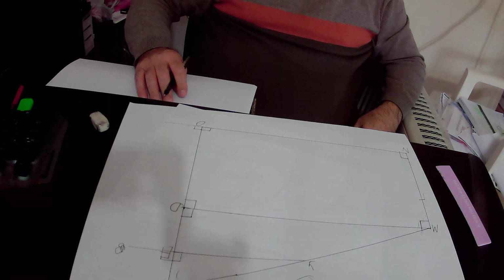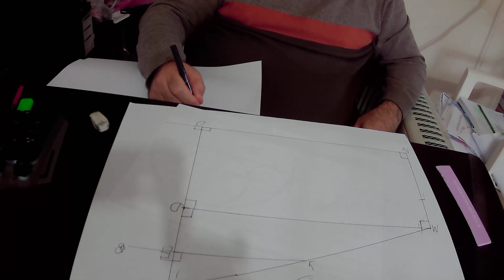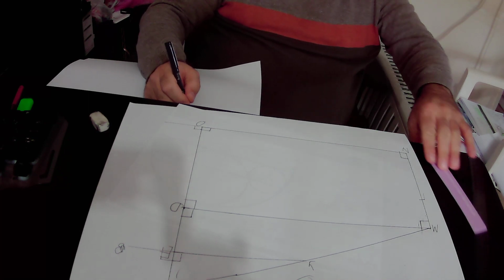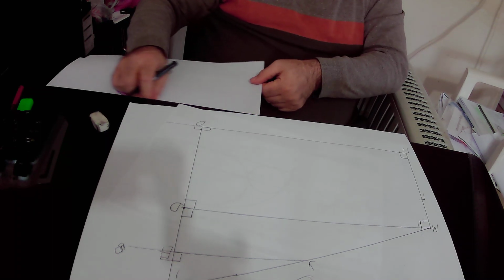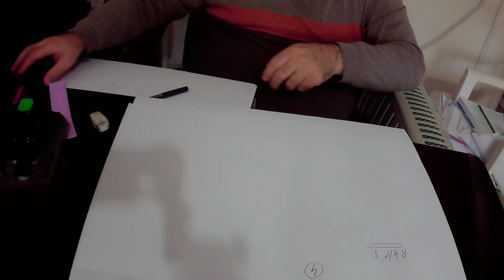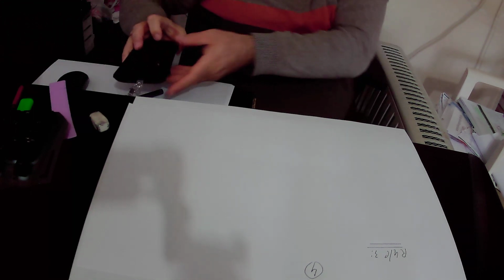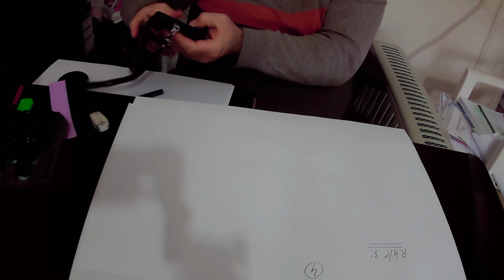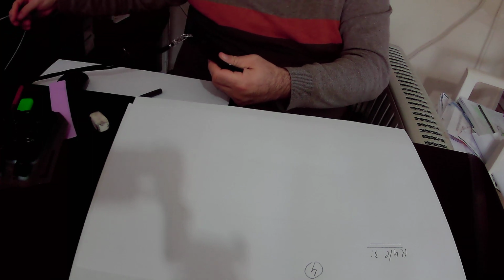And we also have rule number 3. Rule number 3 states that any quadrilateral that has four right angles must be at least a rectangle, if not a square. I will write down rule number 3.